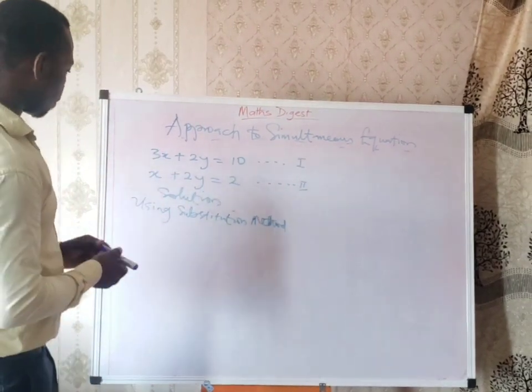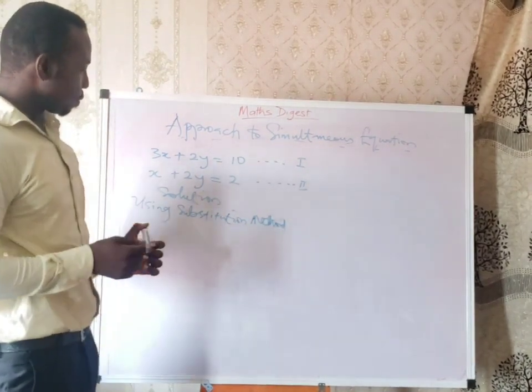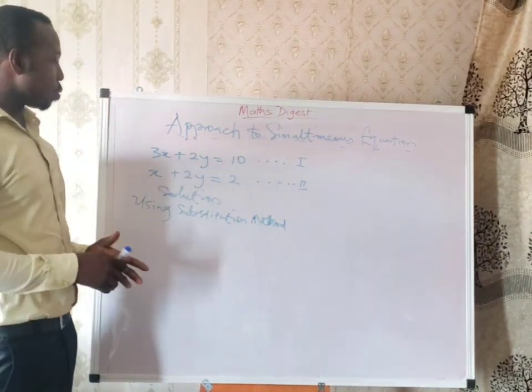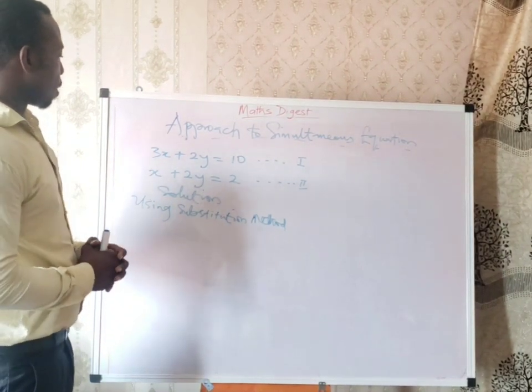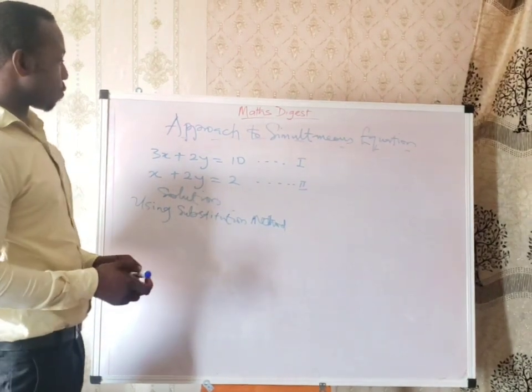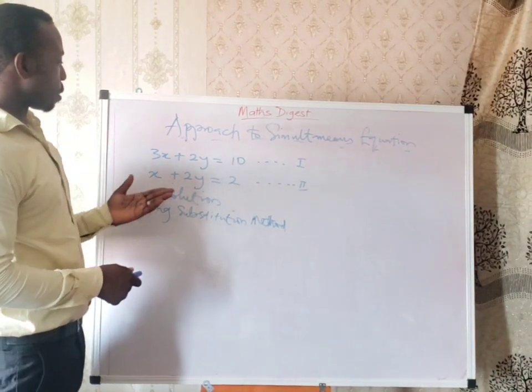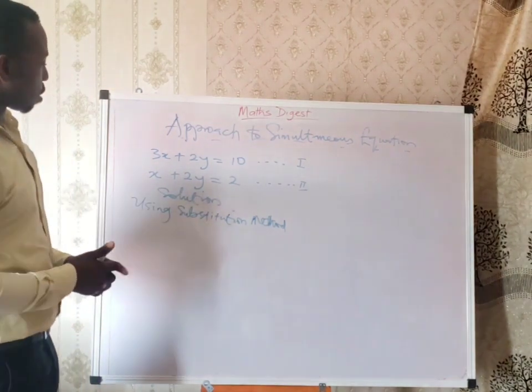What we do here, in the substitution method, is take one of the equations and make one of the variables the subject of the formula, or subject of the equation. Remember our topic on subject of equation.